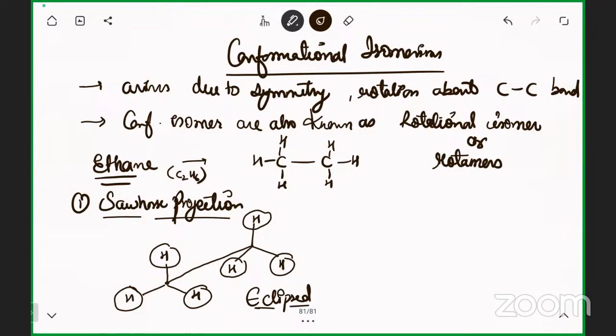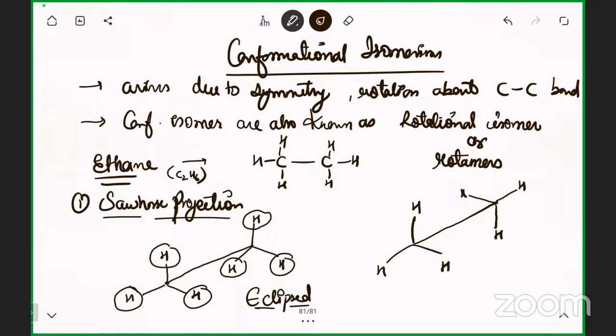Eclipsed form. Just because I told you that conformational isomers have free rotation, you can imagine holding up the first carbon and rotating the bond. If I rotate the bond, the first carbon will be as it is, and the second will rotate like this.